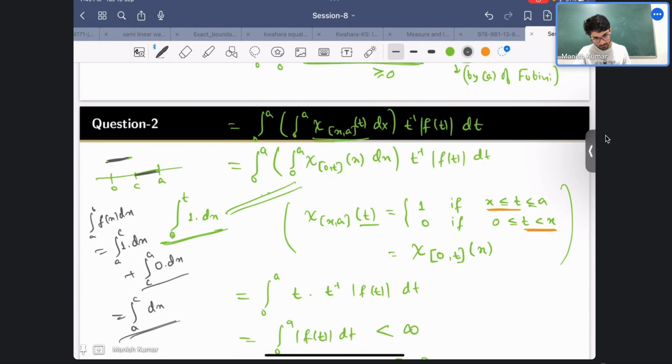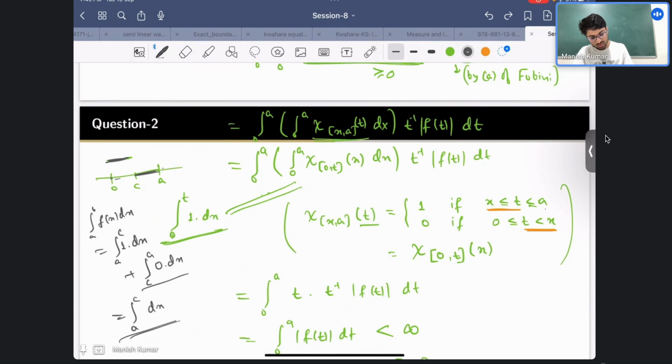Yes, sir. Sir, the point where x is less than a. Yes, t is lying between a and 0, right? So t is some point in this region, between these two, 0 to a. So t will be somewhere here between 0 and a.